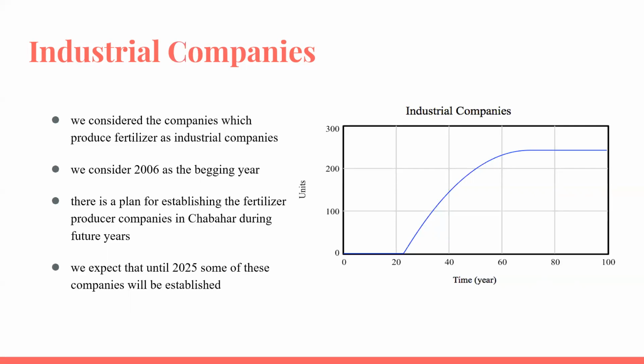As you see in the graph, around the 20th period, the industrial companies will grow from zero, and after 70 or 80 periods, it is going to be steady, which is true according to our news about Chabahar, because there is a plan for establishing fertilizer producer companies in Chabahar.